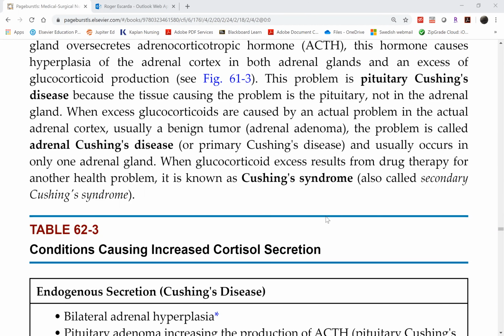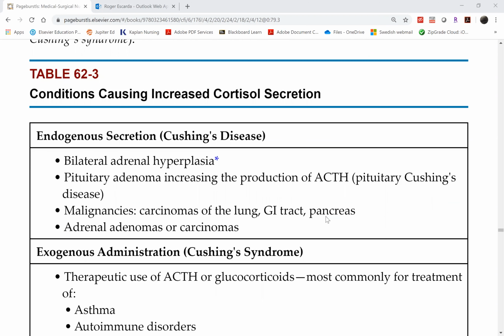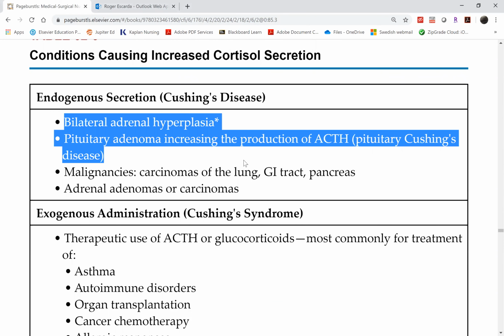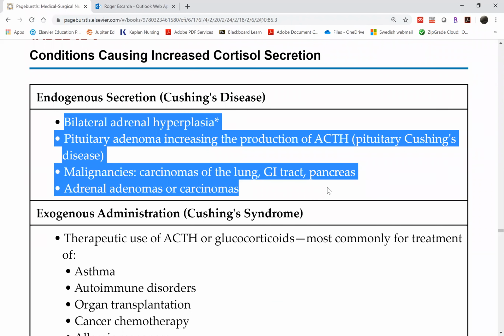So we have either Cushing's disease or Cushing syndrome. If it's Cushing's disease, these are the causes. It's a pituitary or an adrenal problem. The problem is usually a tumor. So you have adenoma, pituitary adenoma. There's a tumor growing on the pituitary gland. And then we have cancers, which are the rarer causes of Cushing's disease.